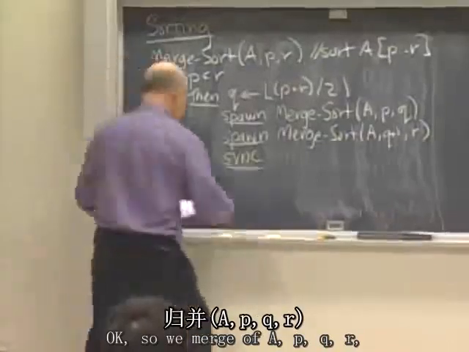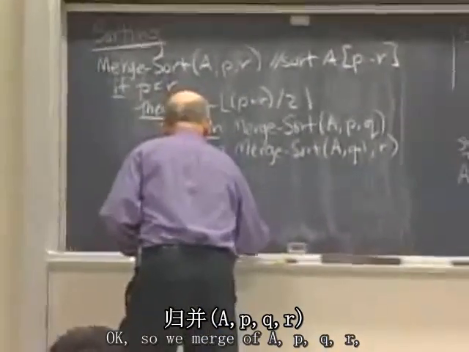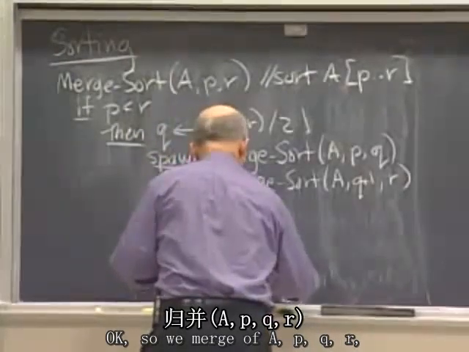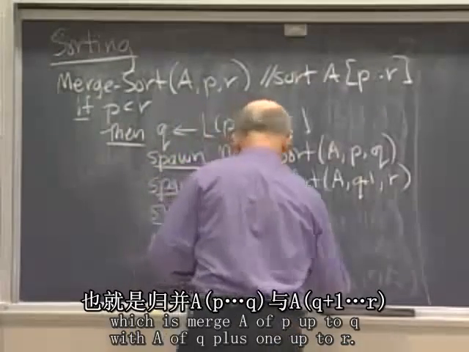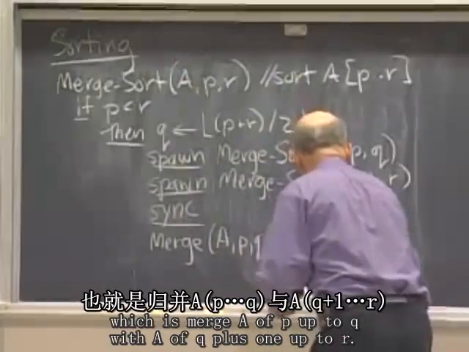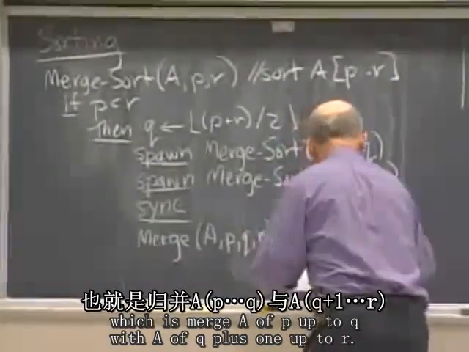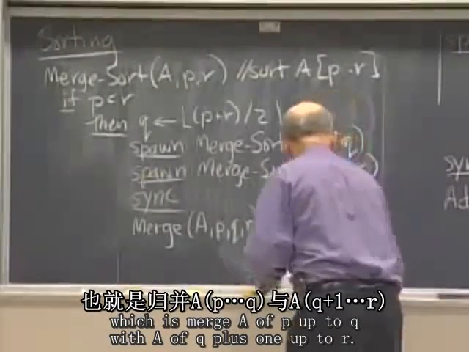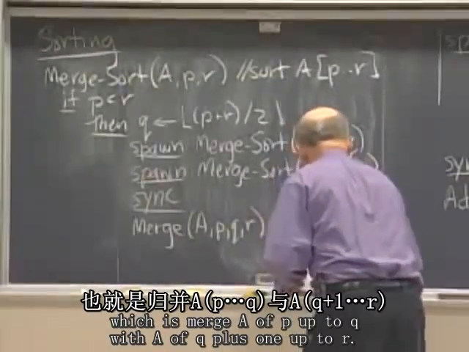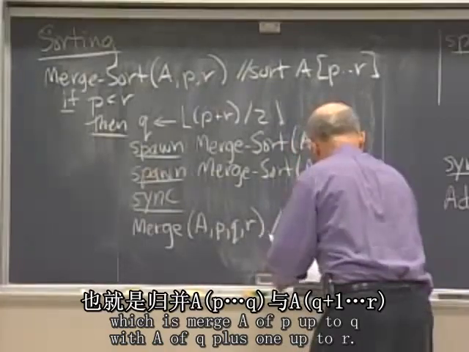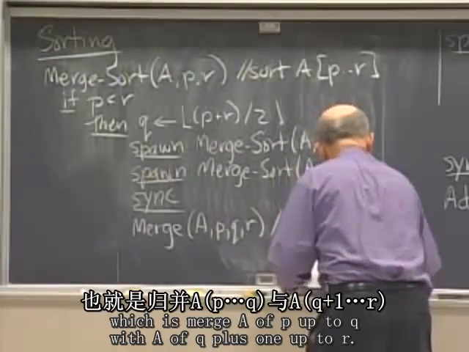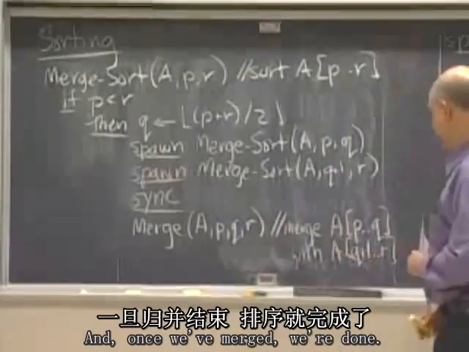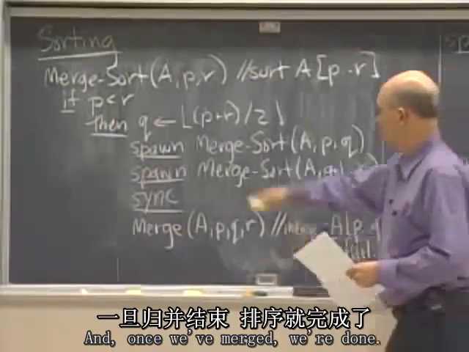So we merge A, P, Q, R, which is merge A of P up to Q with A of Q plus 1 up to R. Once we've merged, we're done.